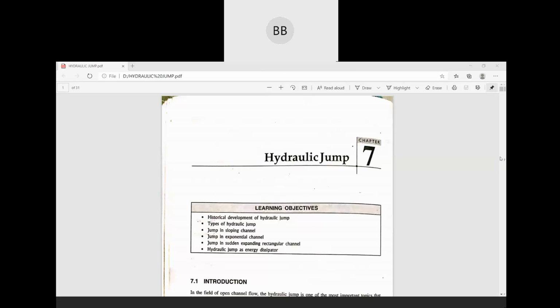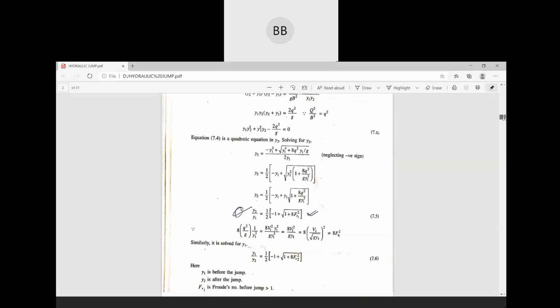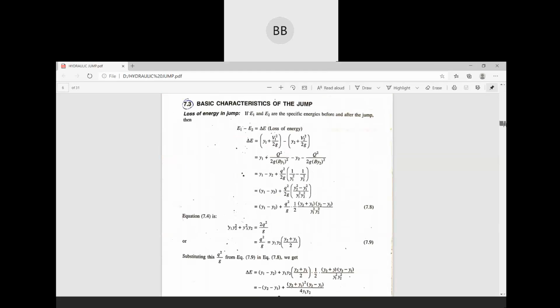Okay, so where we are in the last class, I think we have discussed the relationship between your depth of flow before the jump and after the jump. Then I don't remember whether we discussed loss of energy or not. Loss of energy is over.